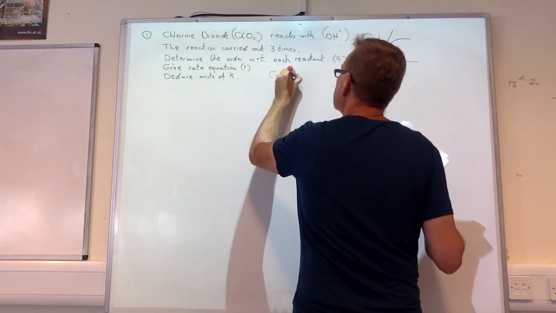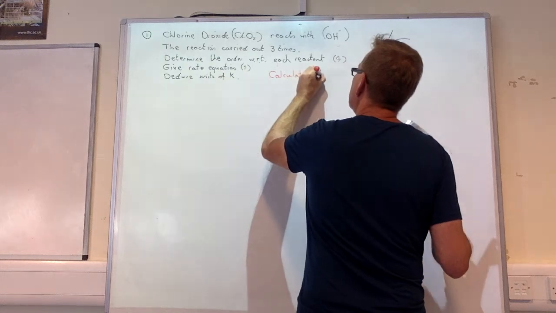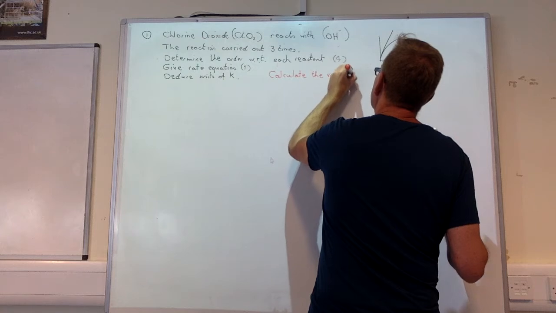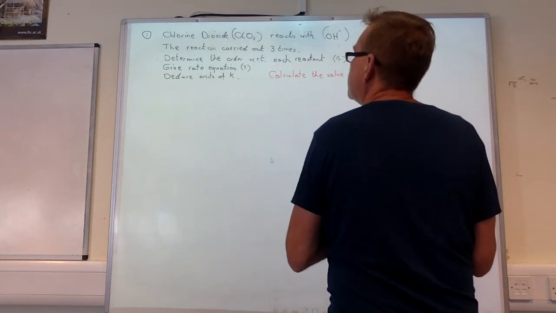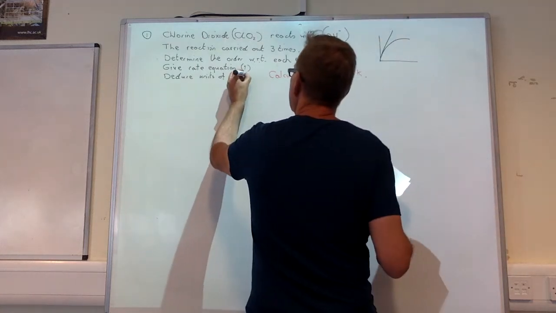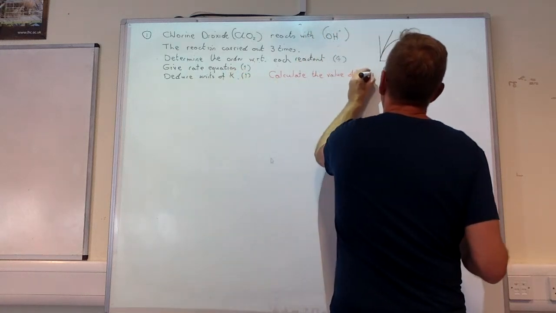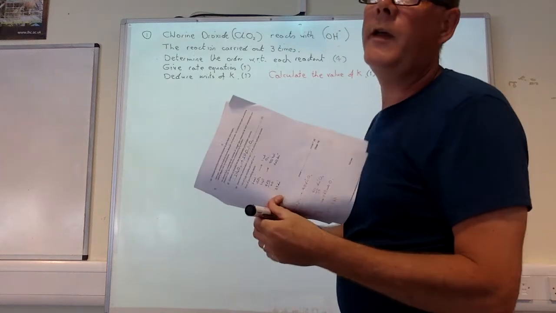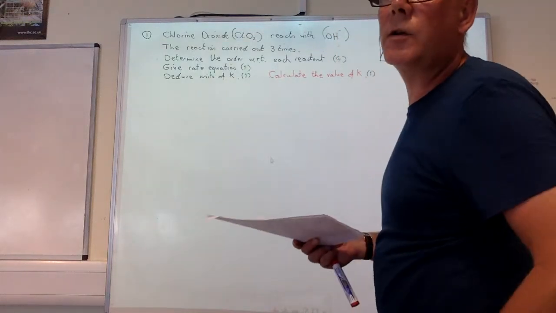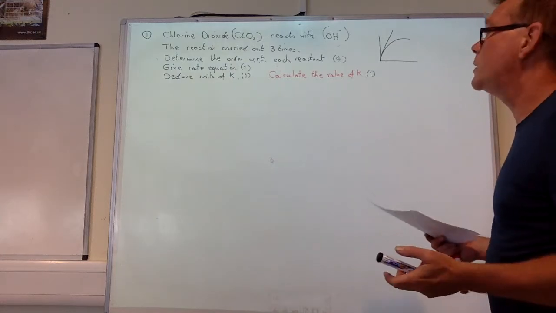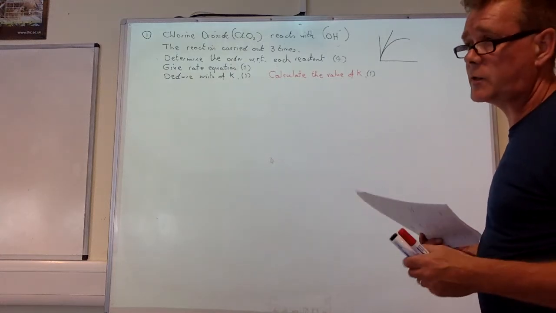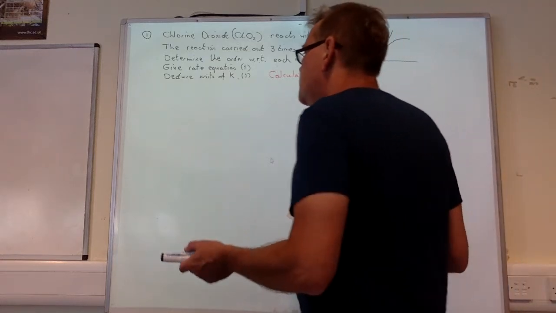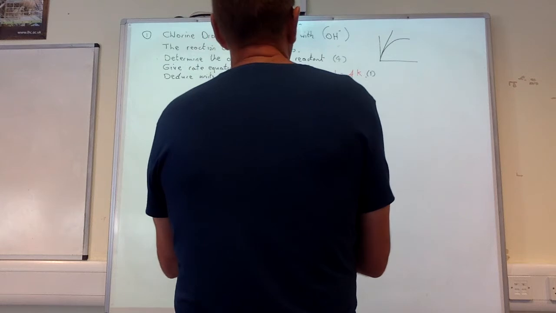Calculate the value of K. 1 mark for that, 1 mark for that. So 4, 5, 6, 7 marks. Now, to be fair, it's an old spec question, probably fewer marks these days, but quite a lot always, even on new spec papers. Sometimes even on the new spec, you've got some quite easy rates questions. The harder stuff we'll deal with later. Anyway, calculate the value of K.